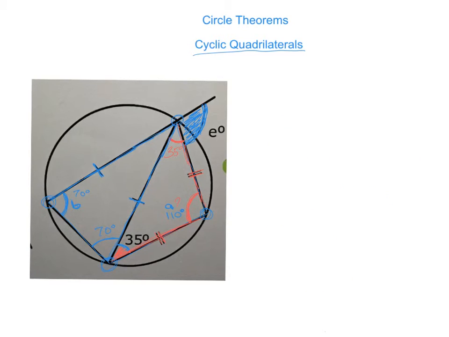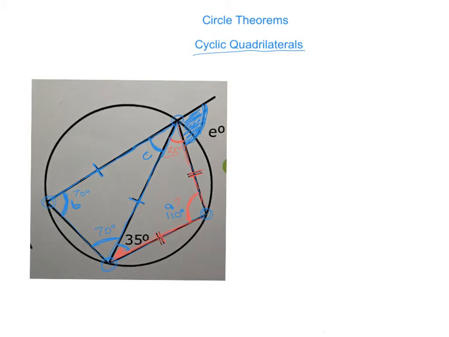If I just rub out some of my writing so we've got a bit more room. If this is 70 degrees and this is 70 degrees, we can calculate this angle here. Let's call that angle C. C is going to be equal to 180 minus this angle here, which is 70, and this angle here, which is 70.